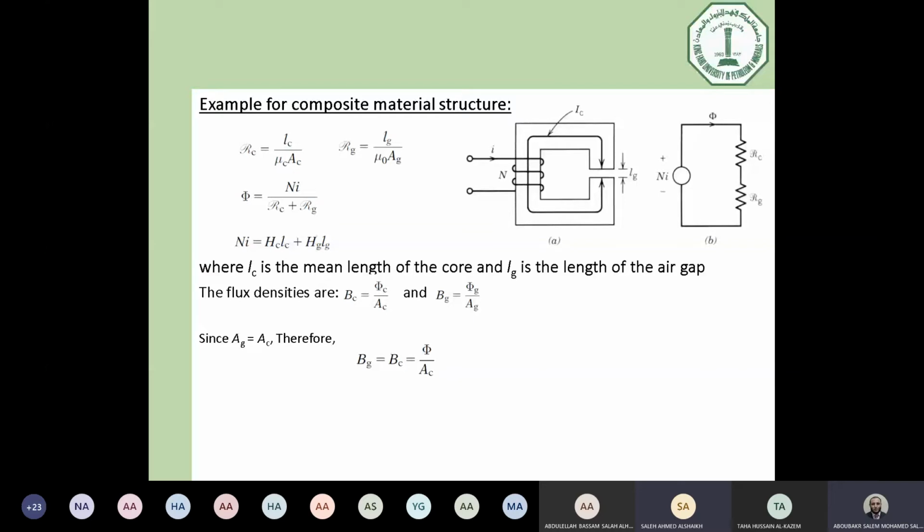Yes, doctor, but in the impedance case, the current will flow to the small impedance to balance the voltage. In this case, the flux is the same. The flux also will prefer to move in the small reluctance. If you have two parallel paths for magnetic lines, it will select the one with the smallest reluctance.